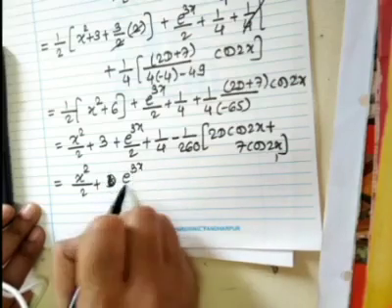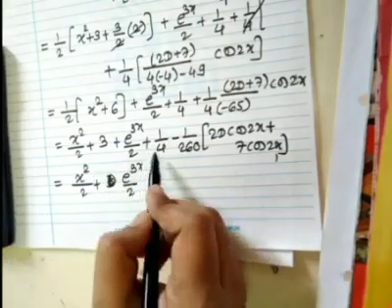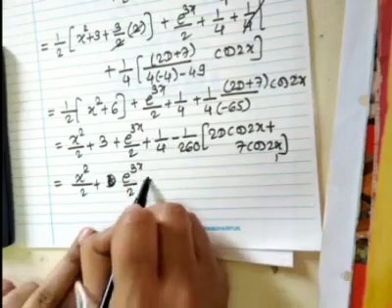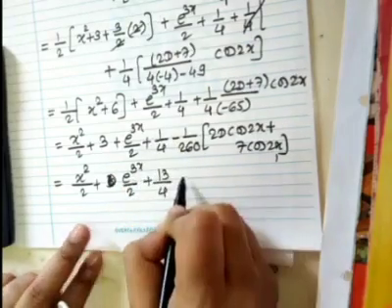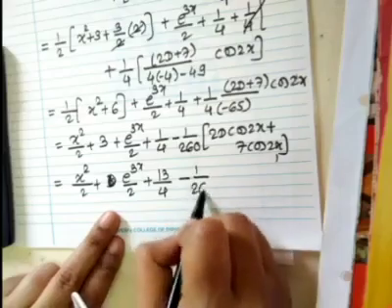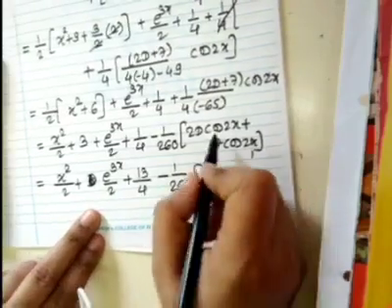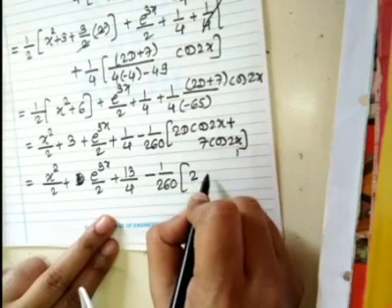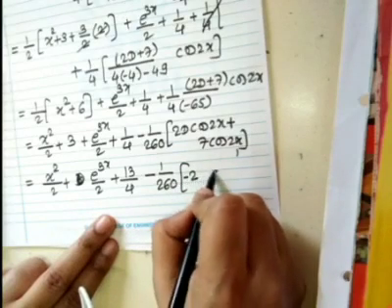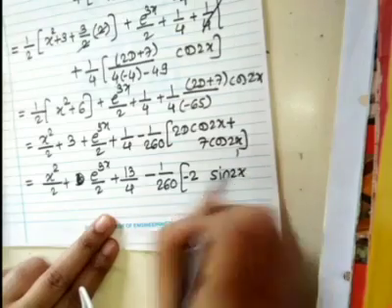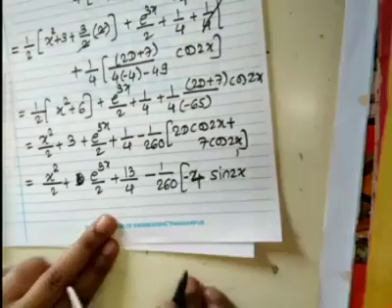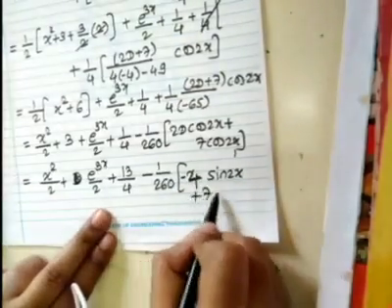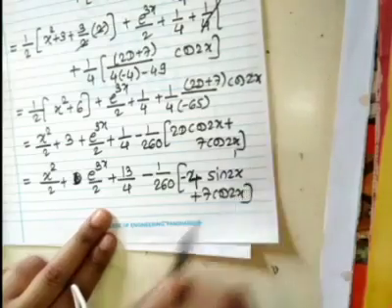E raised to 3x by 2, 3 plus 1 by 4, 12 plus 1, that is 13 by 4 minus 1 by 260, 2 into derivative of cos 2x, derivative of cos, minus sign 2x into 2, so 2 into 2 4 plus 7 cos 2x.